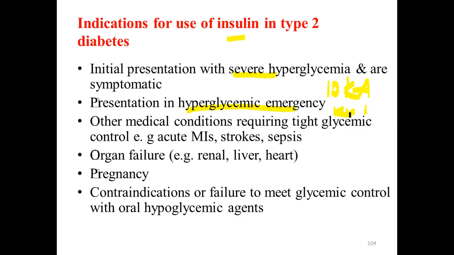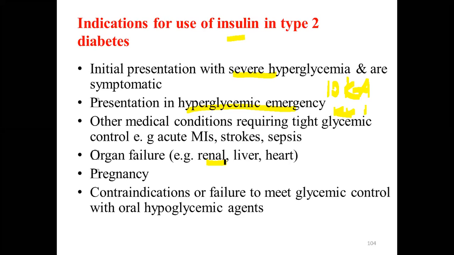In that condition, we don't use oral hypoglycemic agents because they are not efficient at reducing the sugar level immediately. Other conditions are organ failure, such as renal issues, since the renal system is the most important route for clearing most oral hypoglycemic agents. If they are not cleared, it can cause significant problems.